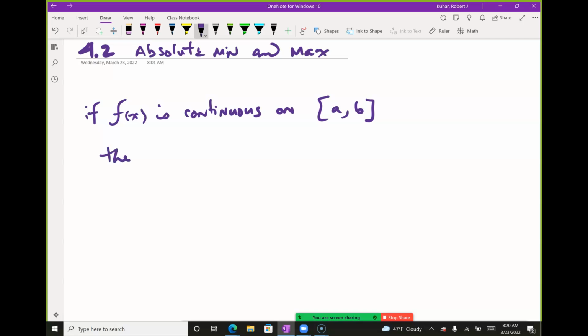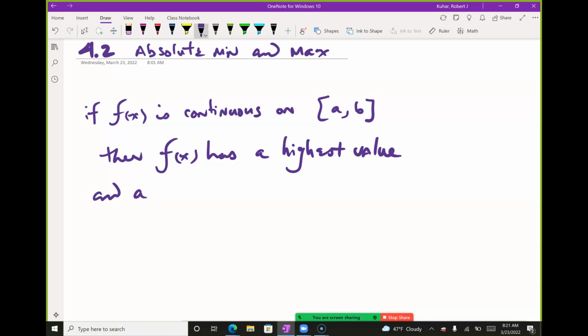Then f of x has a highest value and a lowest value called the absolute max and absolute min, right?